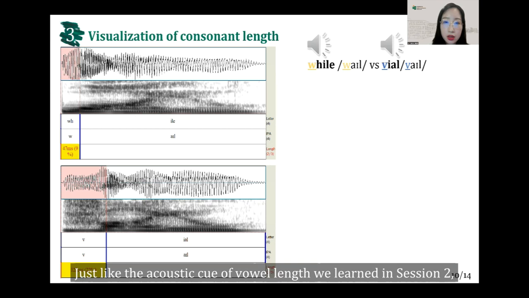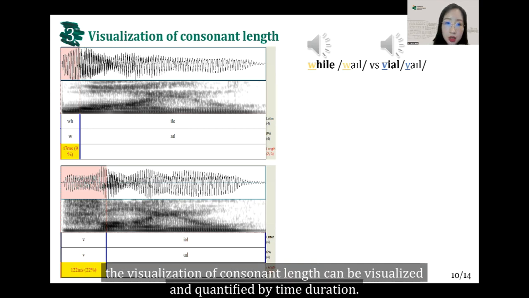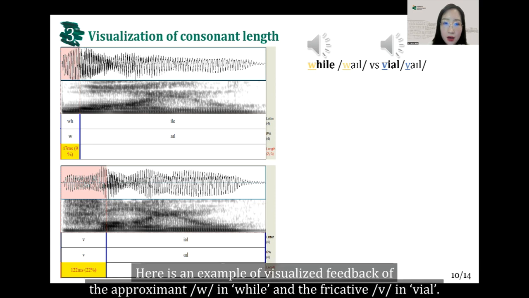Just like the acoustic cue of vowel length we learned in session 2, the consonant length can be visualized and quantified by time duration. Here's an example of visualized feedback of the approximant w in while and the fricative v in vial.